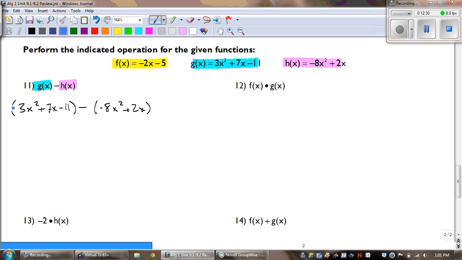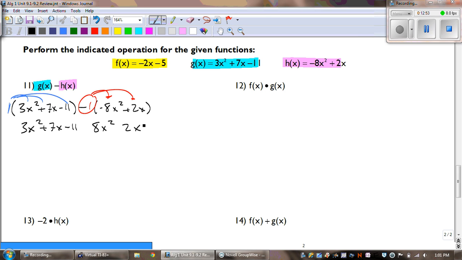Okay, now to get rid of the parentheses, we distribute, and the first group we're distributing a +1. So when we distribute a +1, everything stays the same. Now in the second part, the back part, we have to distribute a -1 because we're subtracting.